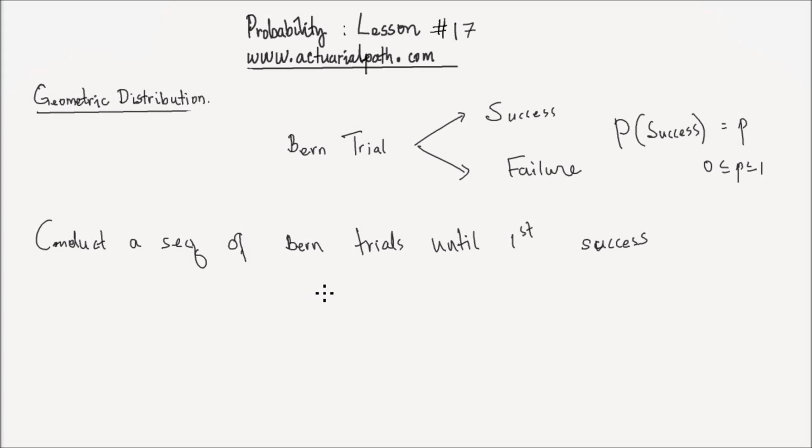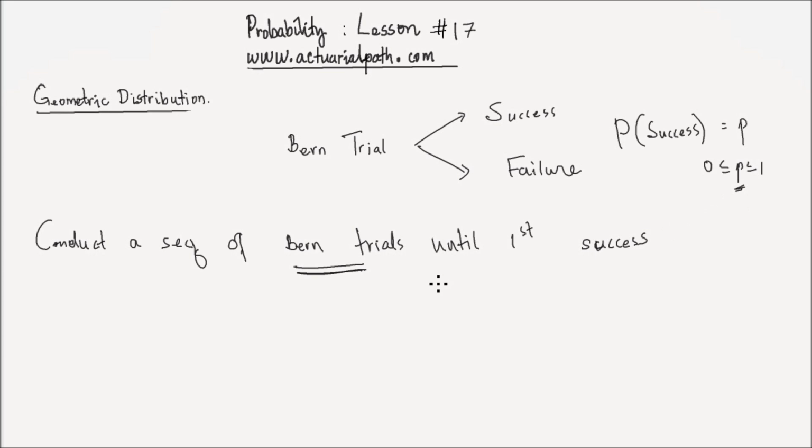I want to mention that these Bernoulli trials are independent and identical. That is, the probability of success in each of the Bernoulli trials is constant. It doesn't change from trial to trial, and that is equal to P.